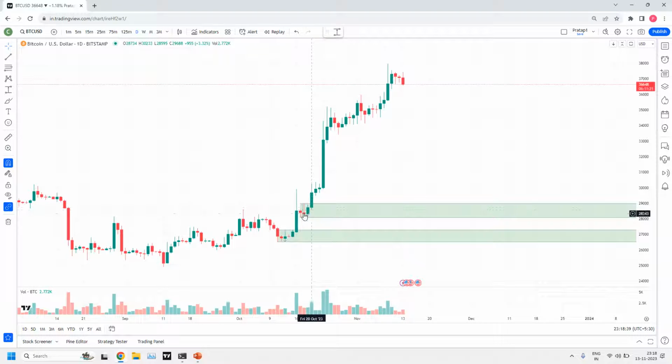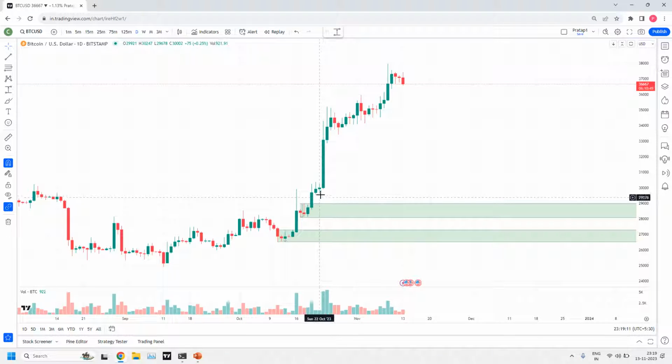But this one is not a drop base rally pattern. This is a rally base rally pattern. In rally base rally, we will not consider the leg-in. We will consider only base candles and the leg-out candle. In base candles and the leg-out candle, the base candle is having the lowest value. That's why that is the distal line. We have one more rally base rally. In rally base rally, you look only at base candles and the leg-out candle.